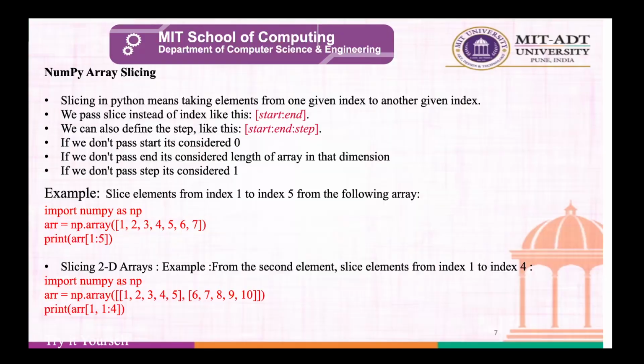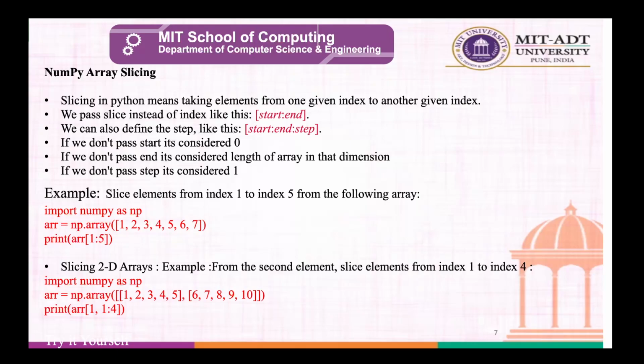At the first index we have 2, and at the fourth index we have 5. So we will get 2 3 4 5 as the answer. In this way we can provide a start value and end value for slicing the array.